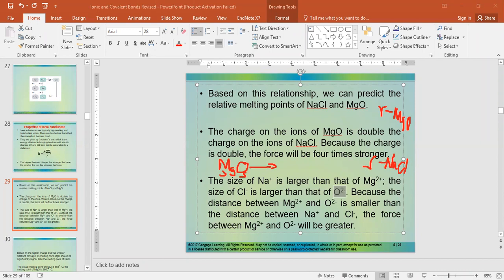Therefore, can I go back to that equation and explain what is expected?